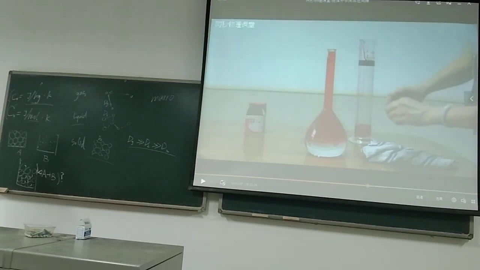That is a full glass of mixture of water and alcohol.